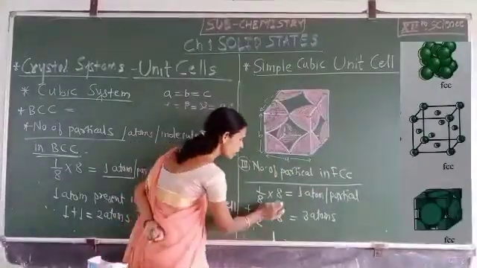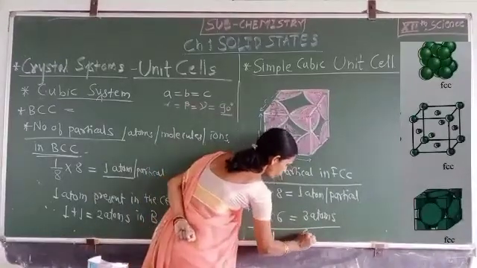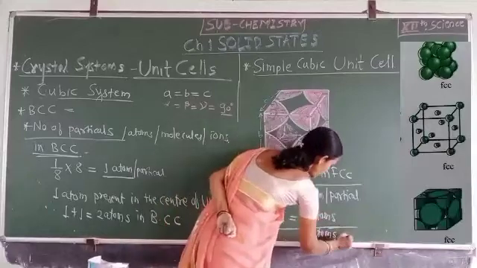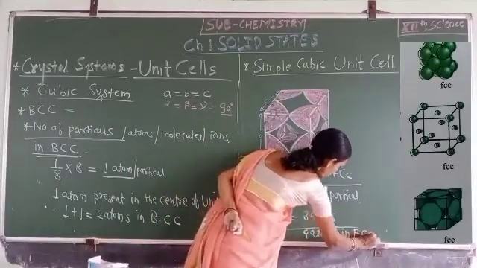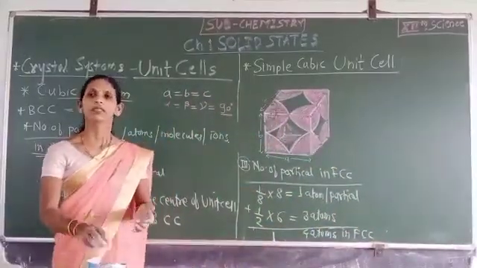Therefore, there are a total of 1 atom plus 3, so 4 atoms are present or contributed in FCC, that is, the face centered cubic unit cell.